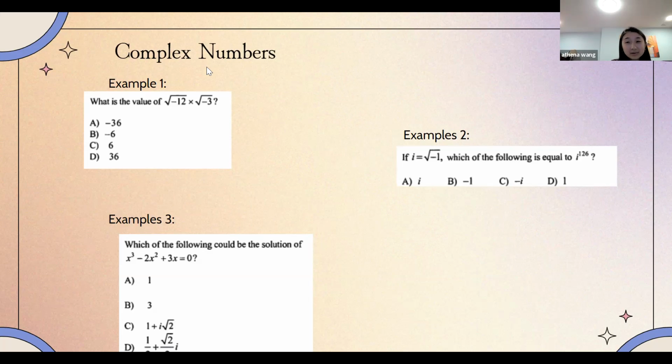Did anybody finish number 2? Or do you need more time?